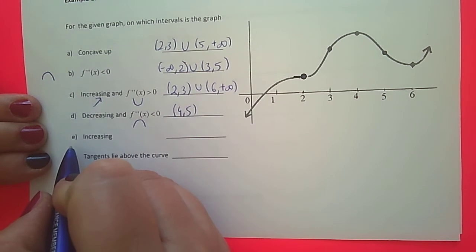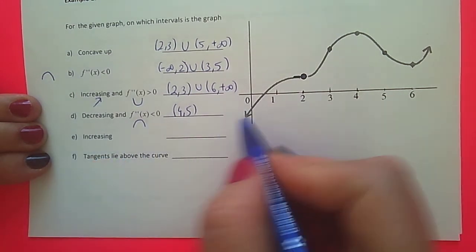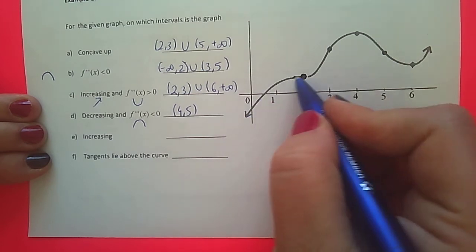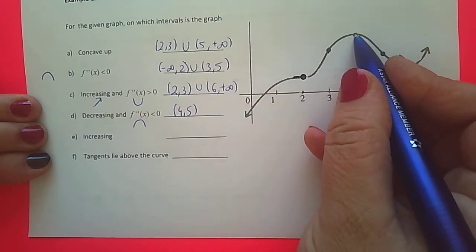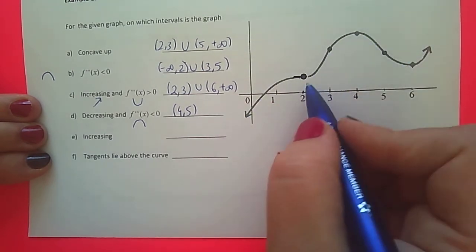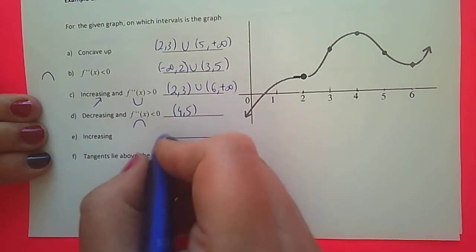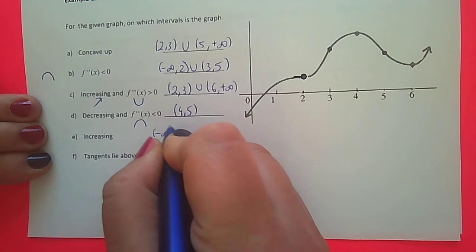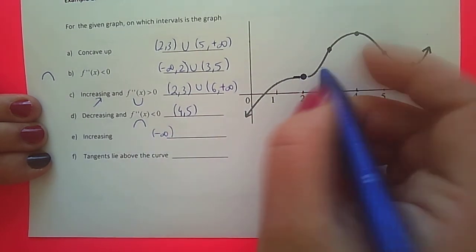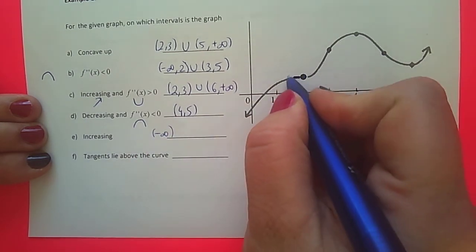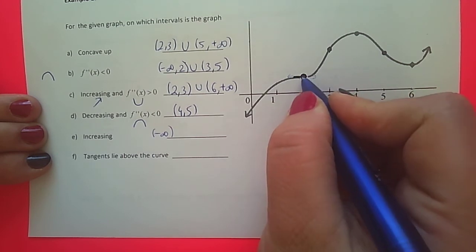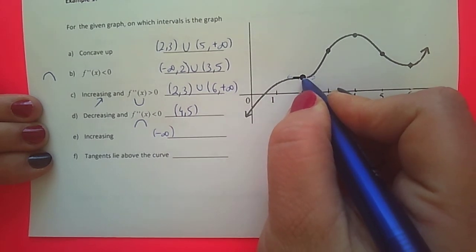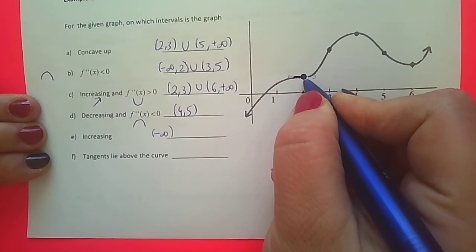Part E, increasing only. So increasing up to 4. So from negative infinity to, but let's pay attention here because we have a horizontal tangent, means the first derivative is 0, so we should not take 2.